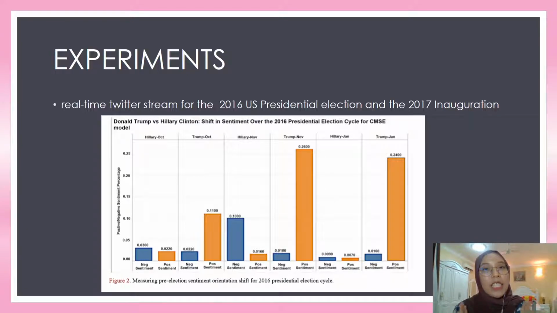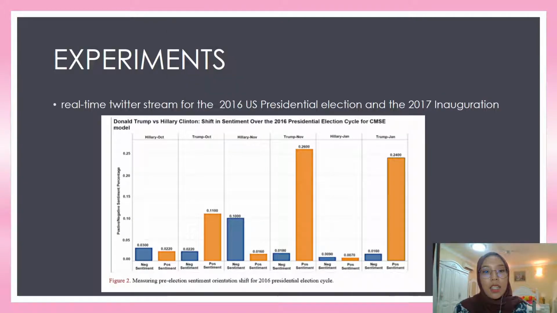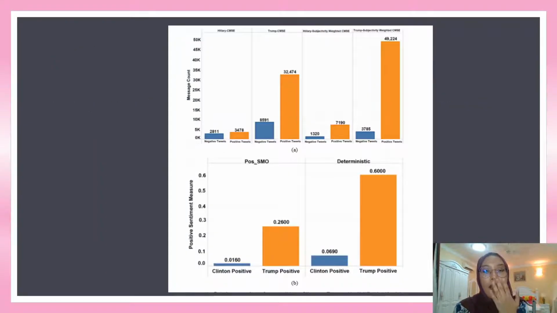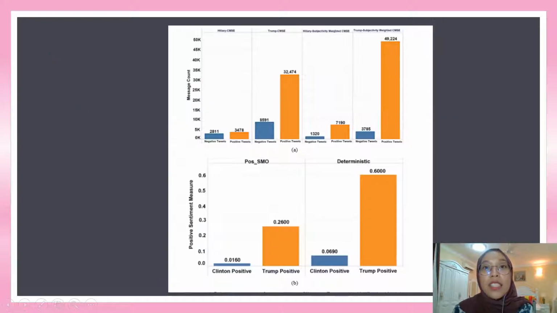They made a prediction of who will win the election, and it was a really good prediction, because as we can see right now, the president of the US is Donald Trump. This was the prediction, and they used the multinomial naive Bayes. This one just now was the experiment of the sentiment analysis. They used the positive sentiment measure.